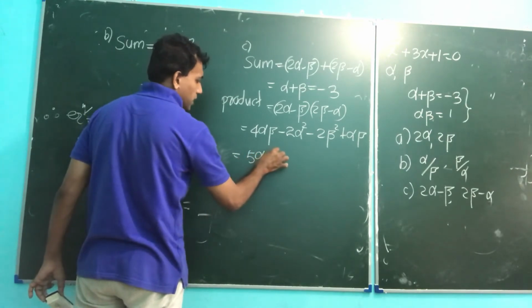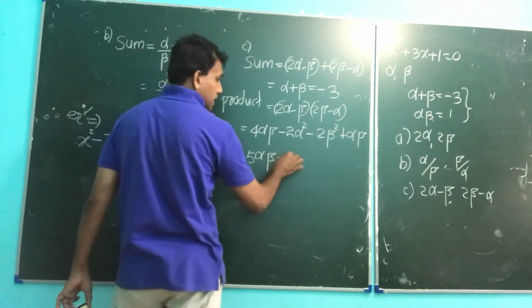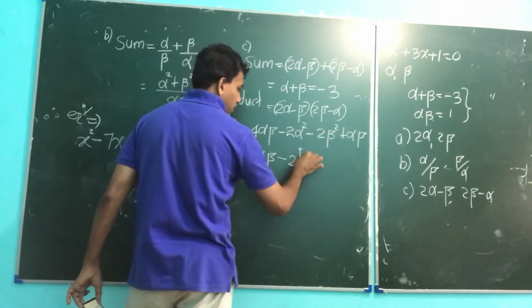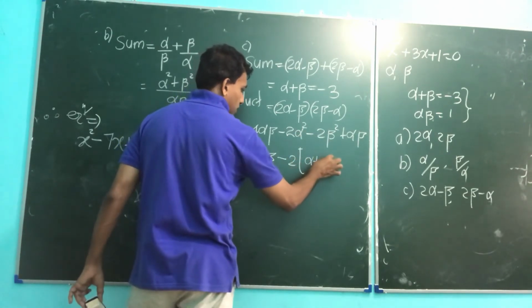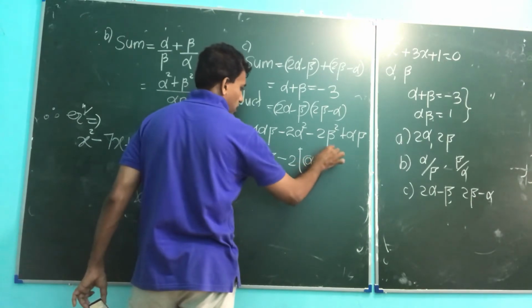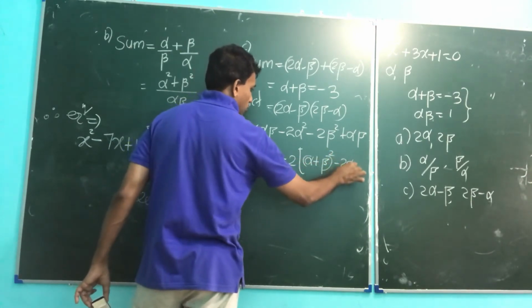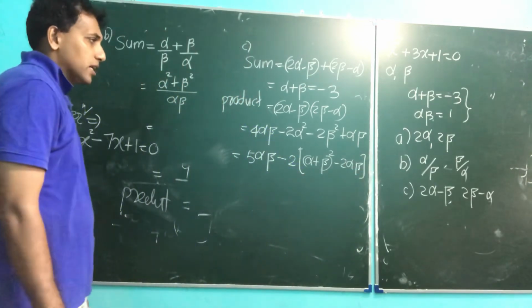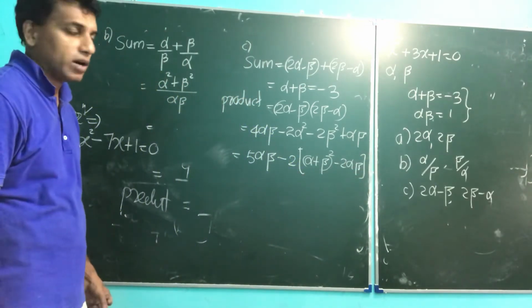So 5 alpha beta, and here take the minus 2 out. Then you can write the famous expression: alpha plus beta all squared, minus 2 alpha beta. 4 alpha beta plus alpha beta is 5 alpha beta.